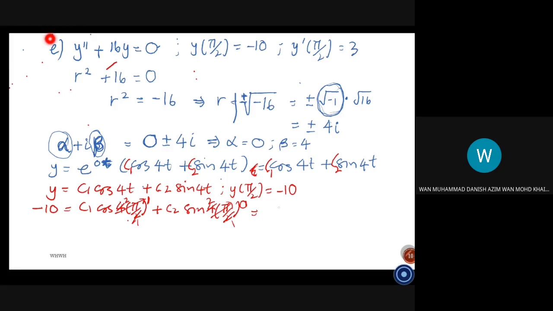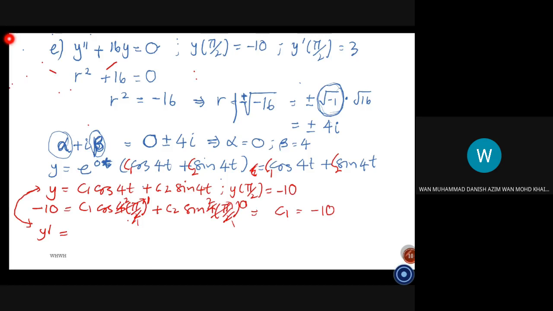So from here we get C1 is equal to negative 10. Okay, C1 is equal to negative 10. So we have C1. How can we get C2? We have no option other than to differentiate. Like just now, you need to find y prime.